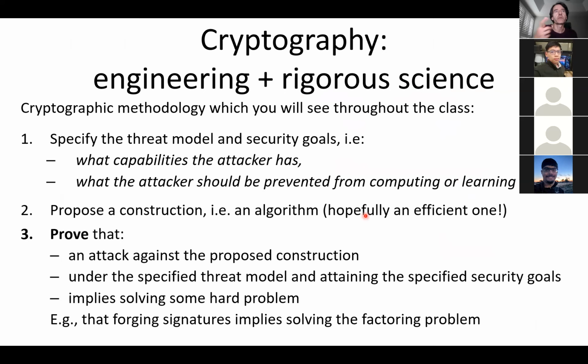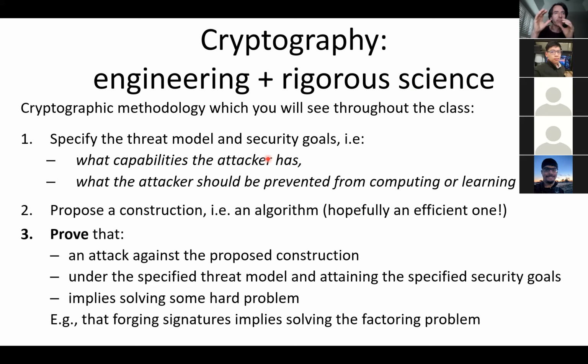Okay, so I guess I have two more things. Cryptography is engineering and science. So you want to state what your goals are security-wise, propose an algorithm that will accomplish them, and prove that the algorithm accomplishes your goals.